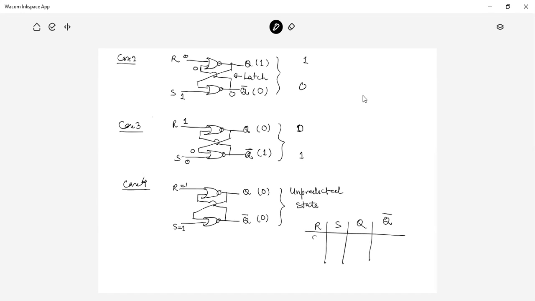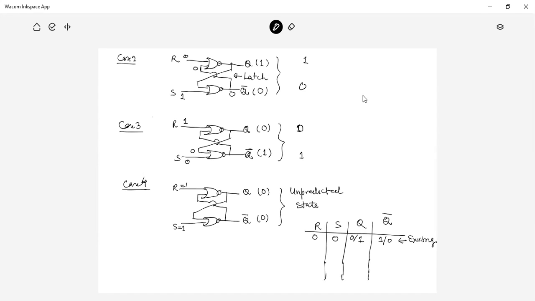So what we find is 0, 0, so irrespective of whether it is 0 or 1, or 1 and 0, it is called the existing state. The existing state is identified by the memory element, what kind of state is there.